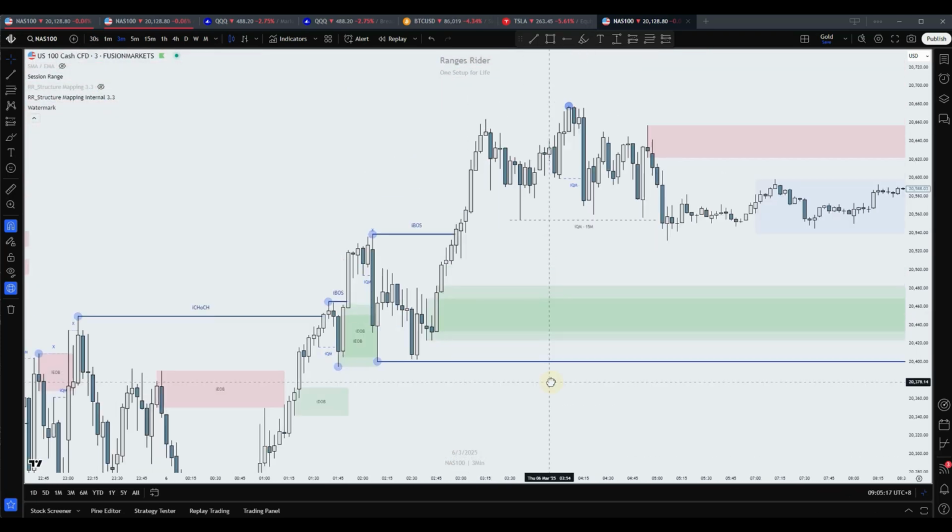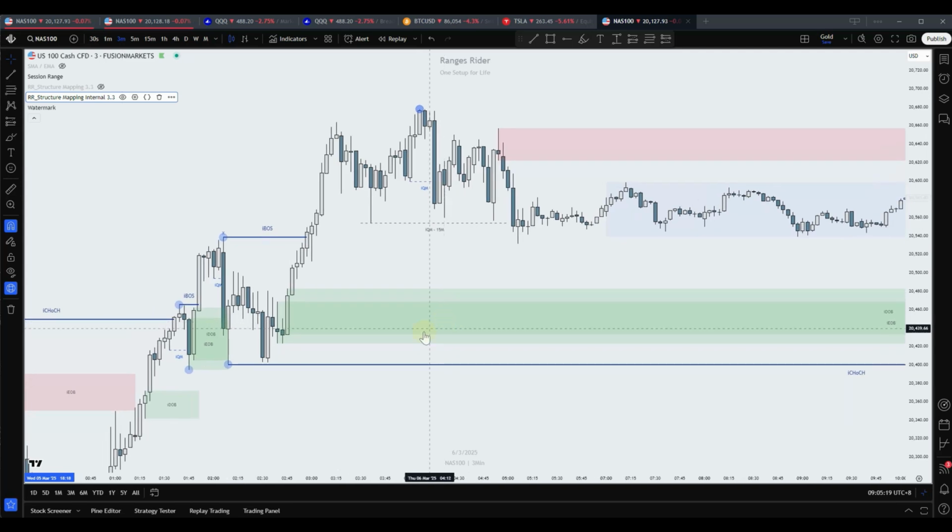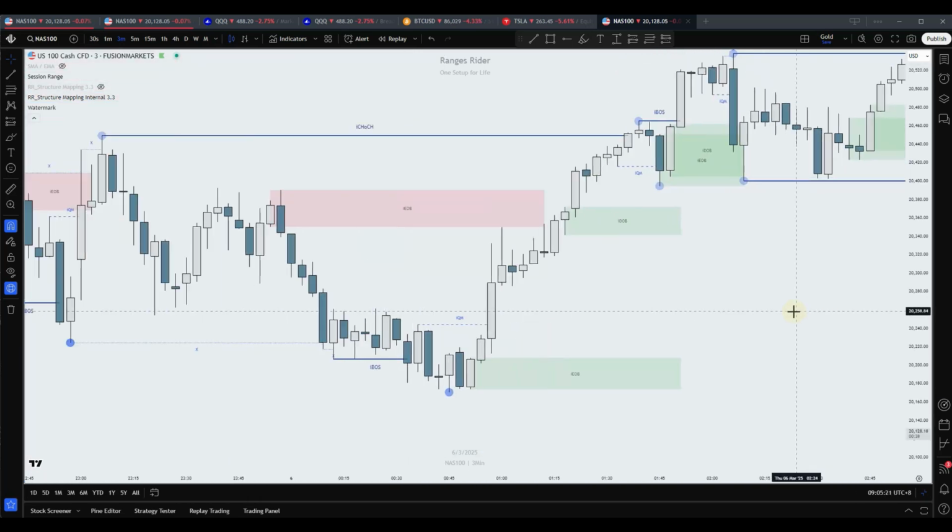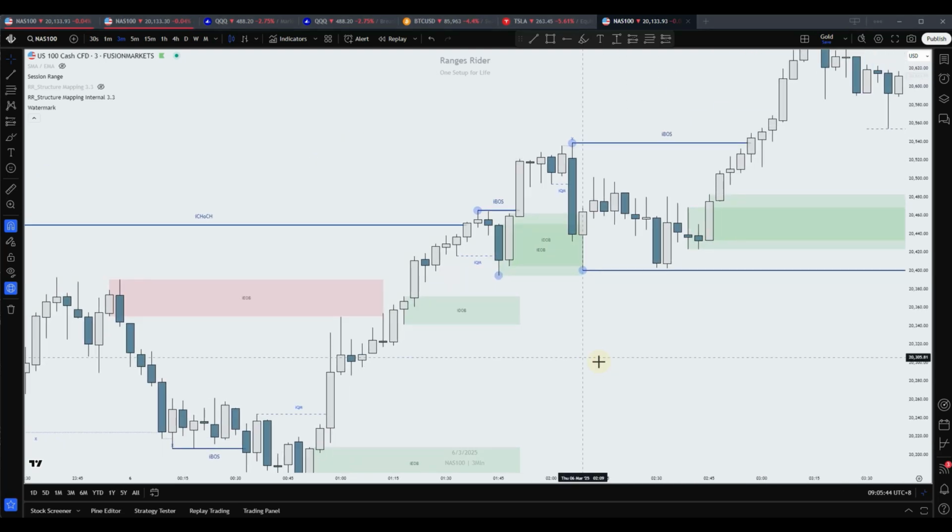We can check maybe a few more examples. Look here. For example, this is the range, and this range is confirmed after QM, right? Once the QM is confirmed, and if you sell here, and let's say your stop loss hits, and then you just keep moving, and after that this is your QM here.